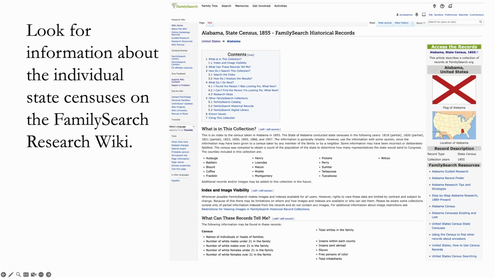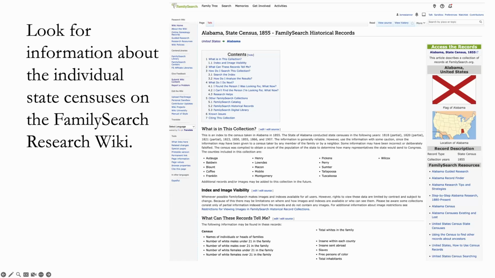So what's in the collections? This is an Alabama state census page, and it tells the counties, it tells some of the information about the state. It goes into record types, what the records can tell you, and a lot of other information that you may be looking for.